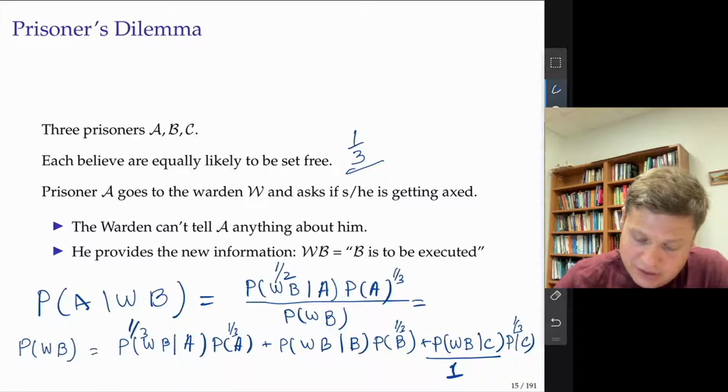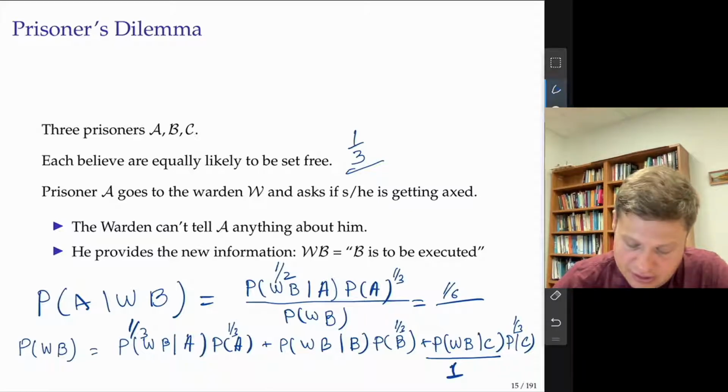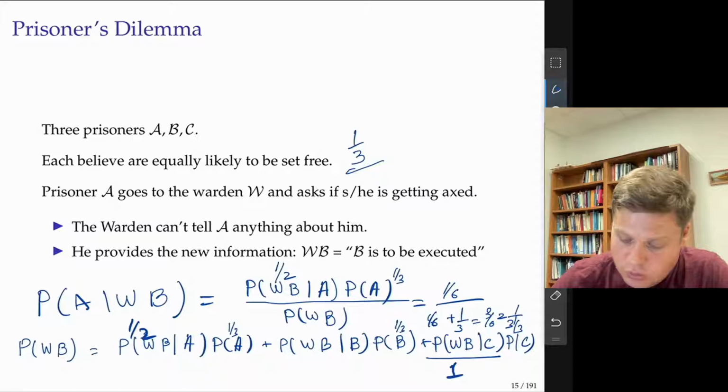So on the top we have 1/2 times 1/3, which is 1/6, and at the bottom we have 1/6 plus 1/3. So this is 2/6, this is 3/6, so this is 1/2. So we have 1/6 divided by 1/2, which is 1/3... rather, the denominator is 3 divided by 6, or 1 divided by 2.